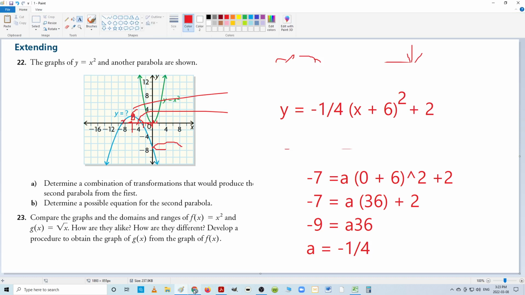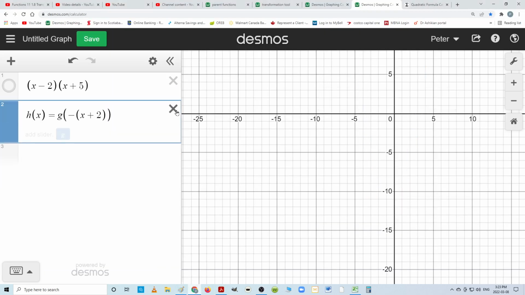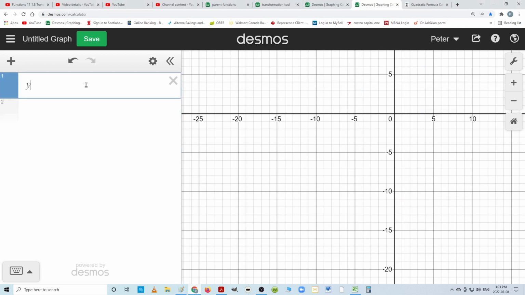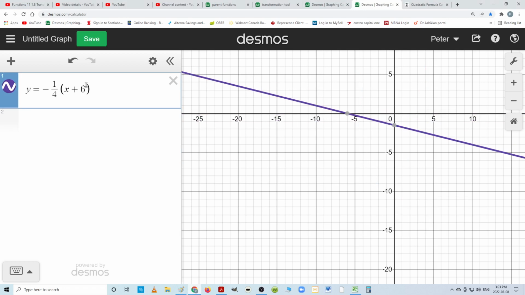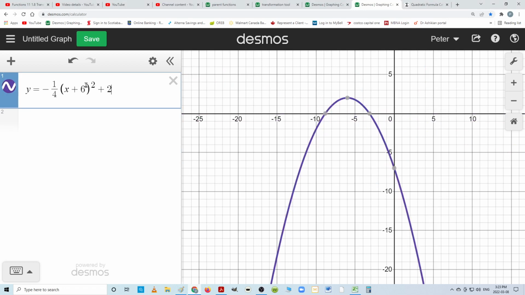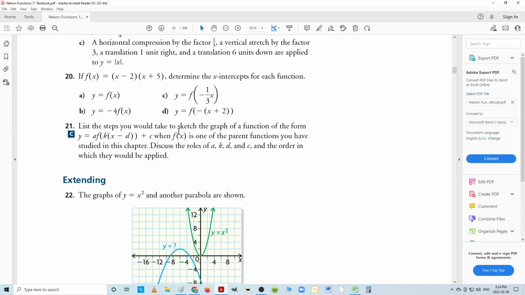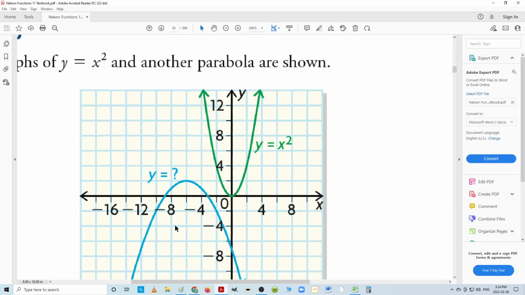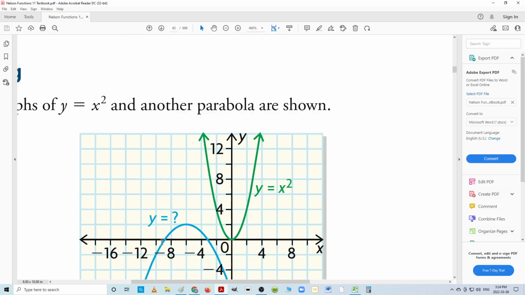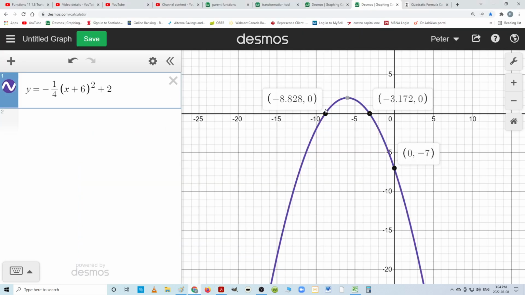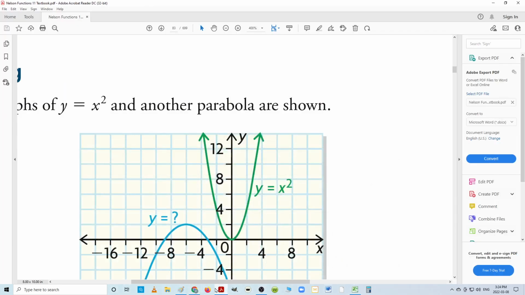All right, let's see if that's true. Okay, so it passes through 0 comma minus 7. Doesn't quite have the x-intercepts that are implied, but it's close. That's about minus 9, and yeah, that's close to minus 9. And that's close to minus 3, but not quite.